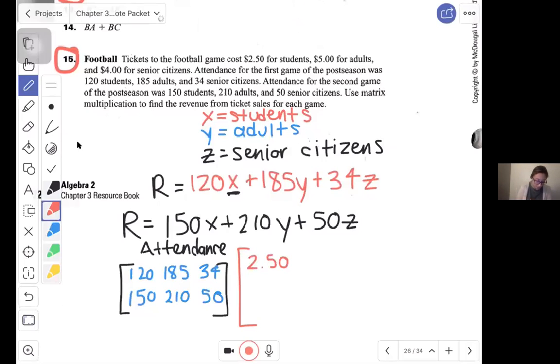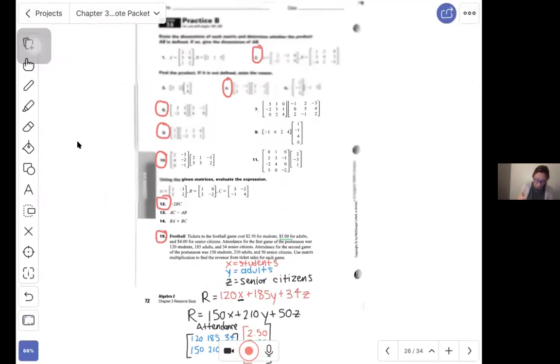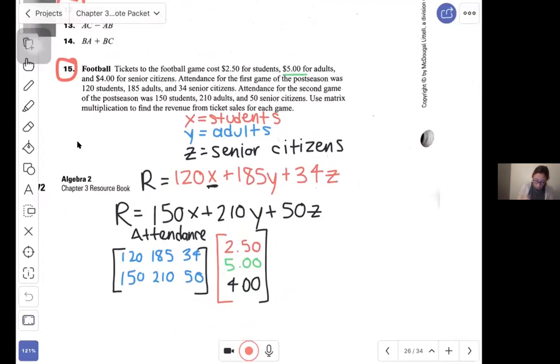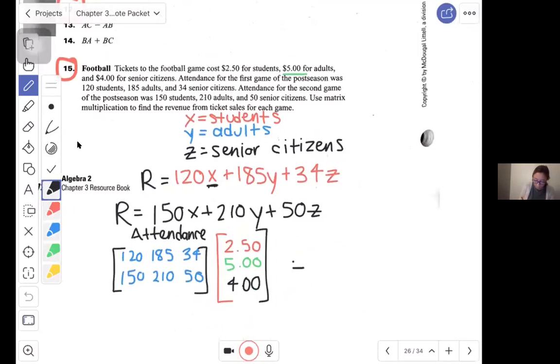Our 185 and 210 right there represented the number of adults. We said an adult ticket was $5. So I'm going to write 5. And lastly, senior citizens. That ticket cost $4. And these are the two matrices we would multiply together to figure out what our revenue is.